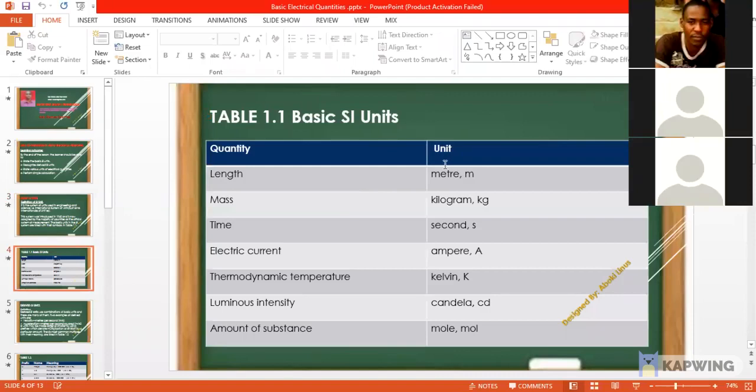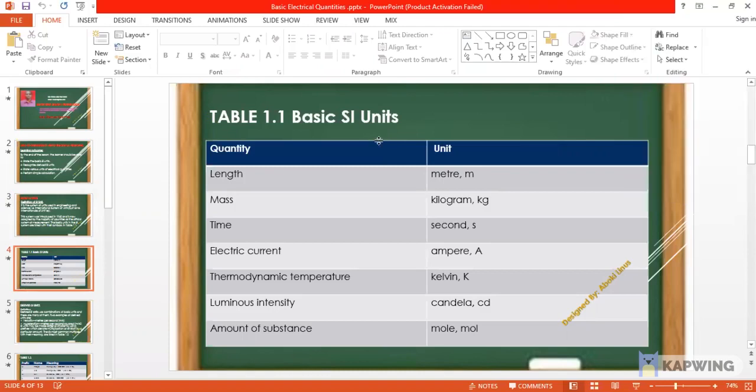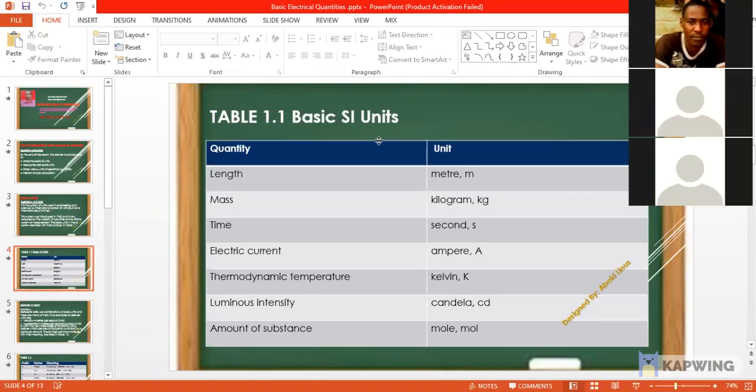Let's move forward to see what these quantities are. From the table, we have length. Length is measured in a standardized unit called meter, and it's denoted by m. We have mass as kilogram, kg.